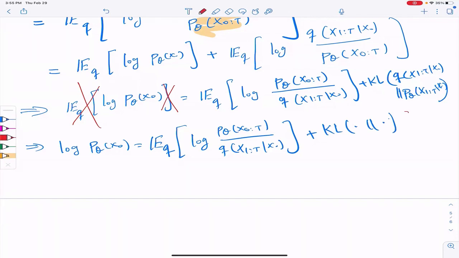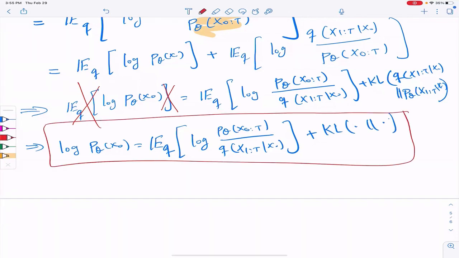This is an exact likelihood computation. There is no approximation up until this point whatsoever. I just massaged my formula a little bit to write my log likelihood in this particular form.